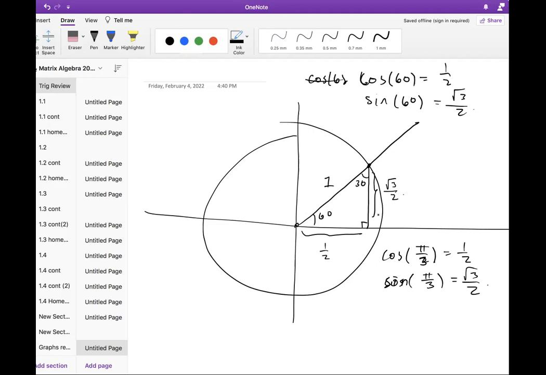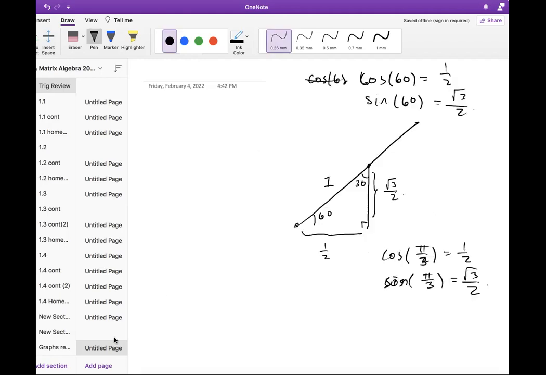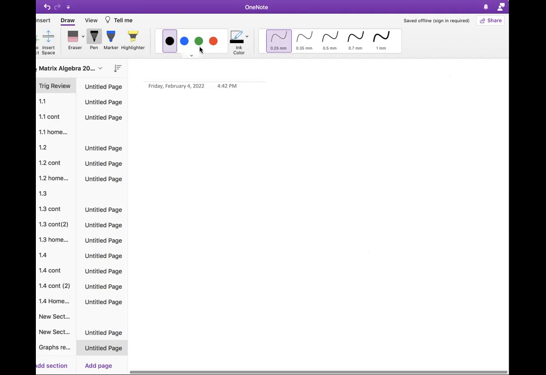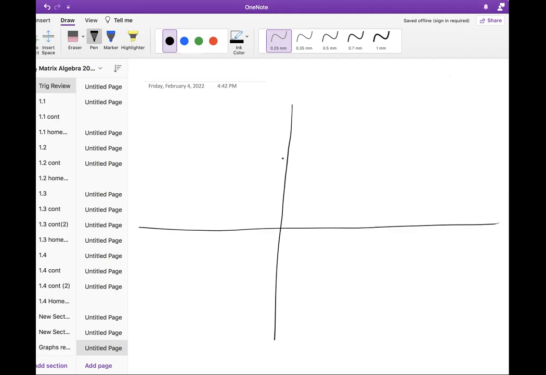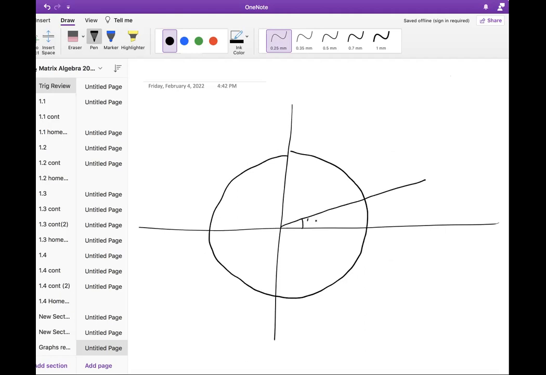Okay, so let's do 30 degrees. So I have a point here on the circle, and I drop down a perpendicular.